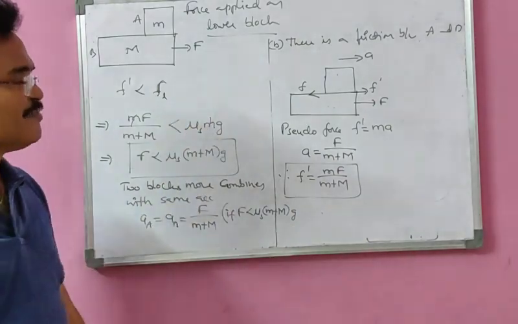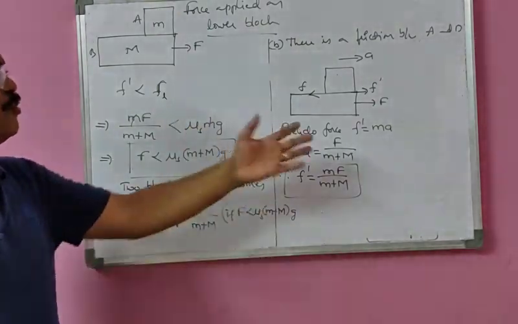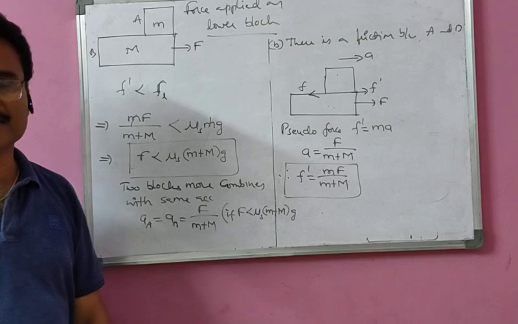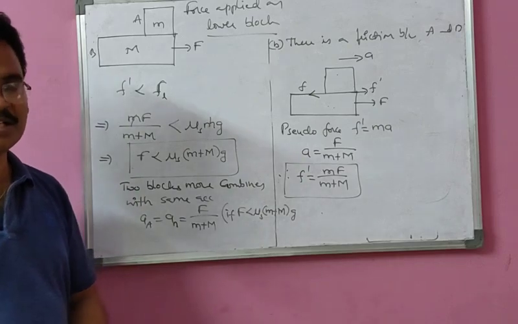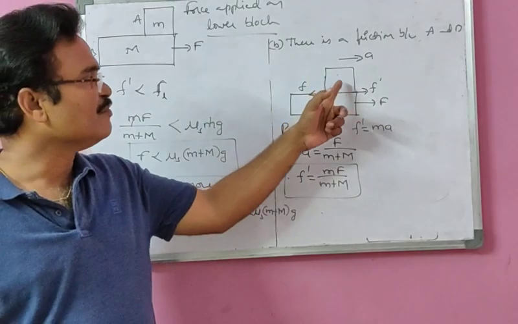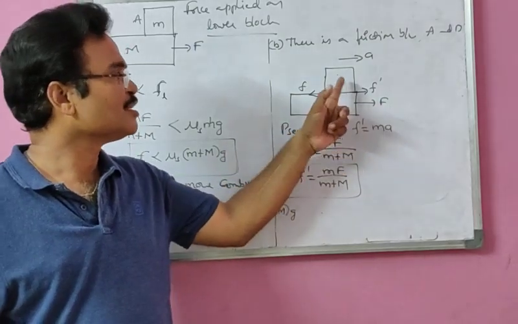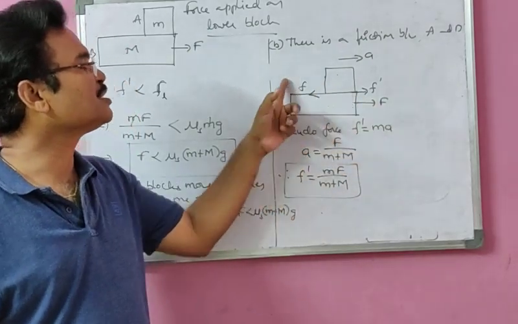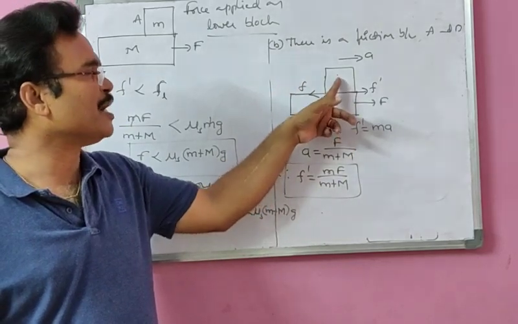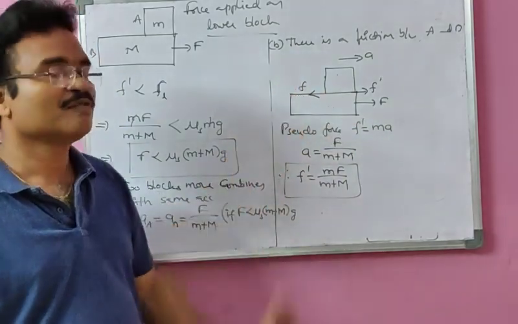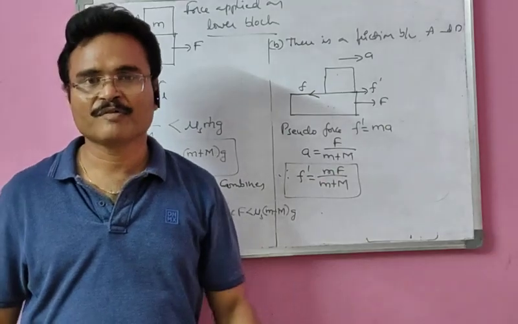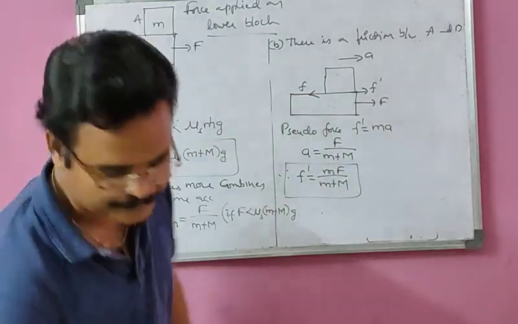The upper block will move with one acceleration, the lower block with another. Block A will slide off from the edge, because this moves faster and this moves slower. Therefore, there is a possibility for the upper block to slide off and fall on the ground here. We are going to calculate that.